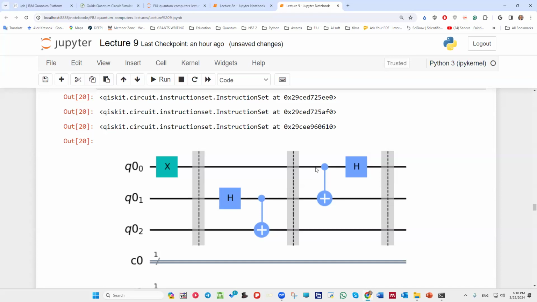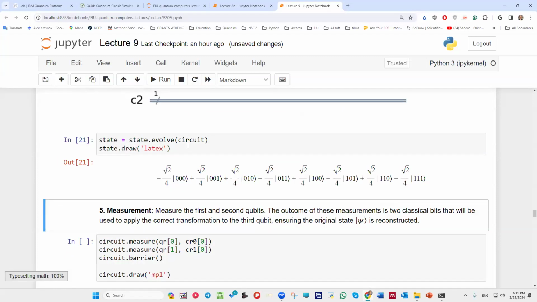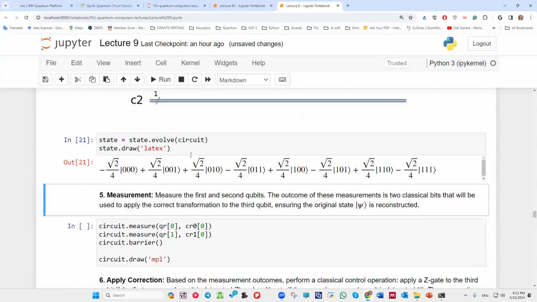Okay, so she creates the superposition between her qubits, the qubit 0, qubit 1. They belong to Alice. Then she applies the Hadamard gate to the first qubit, and this is the resulting state.